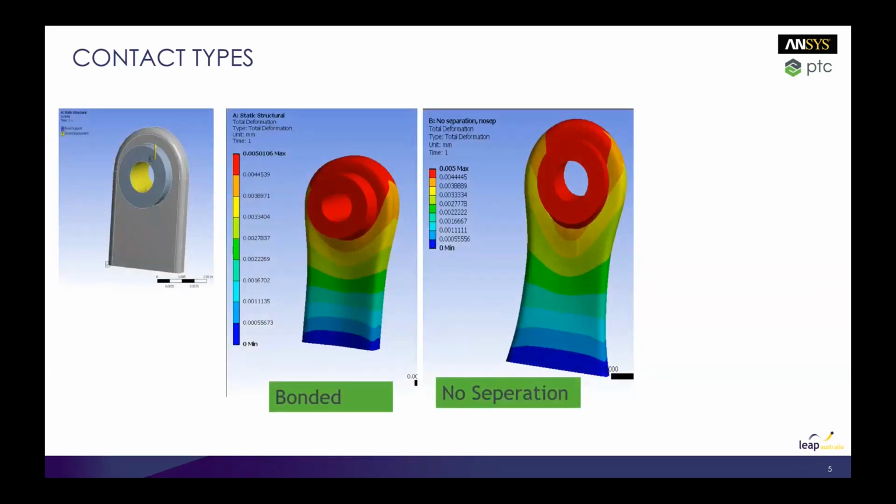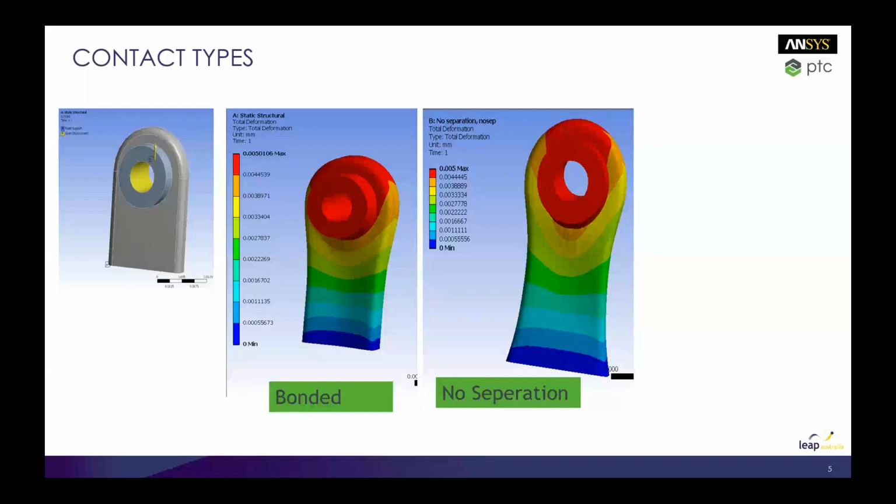Okay, so if we look at the situation when we've got the pin in this hole, depending on whether it's welded or glued, or whether it's just a transition fit, there's a different contact that's appropriate for representing the behaviour.